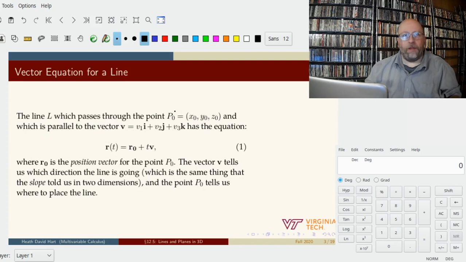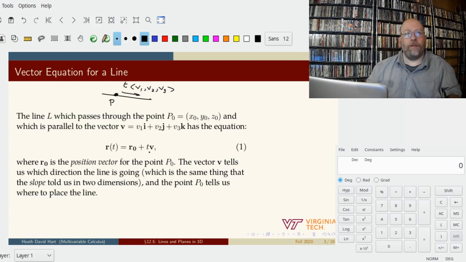If we have a line that goes through the point x naught, y naught, z naught, that's got to be some point on the line. That's going to be our position. And it's parallel to a vector that points in the direction v1, v2, v3. Then here's how this equation works: I can take this vector and multiply it by any constant.